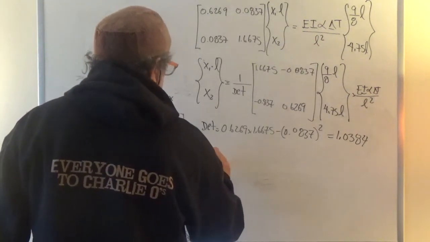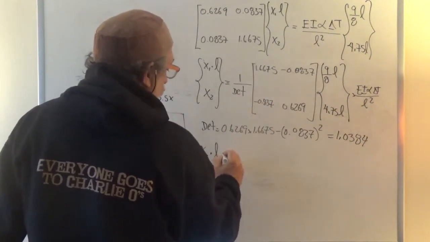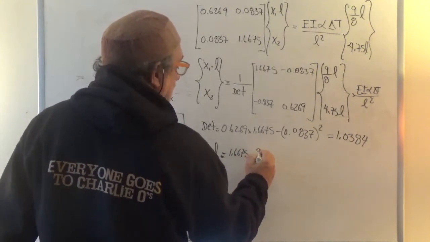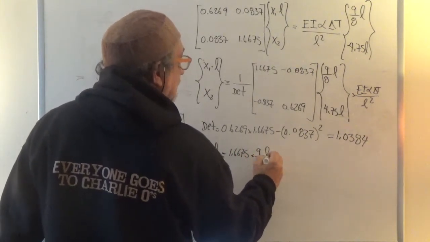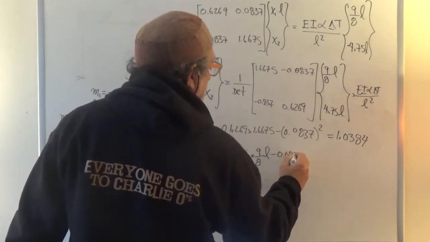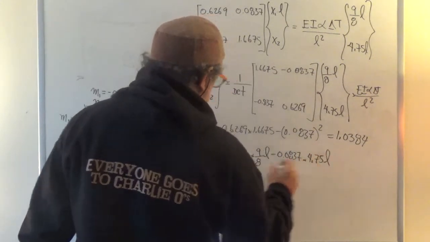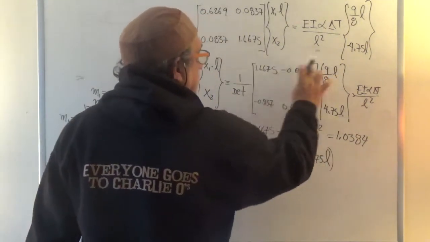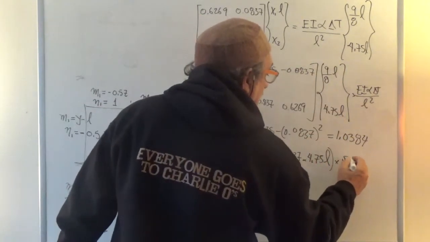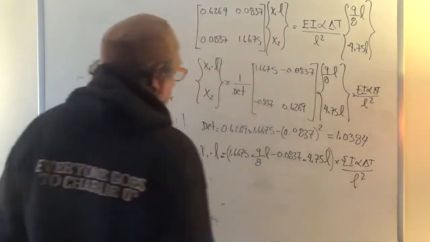Okay? And so, x1 times L would be equal to 1.6675 times 9/8 of L minus 0.0837 times 4.75 times L, right? That times that minus that times that times EI alpha delta t over L squared, right?